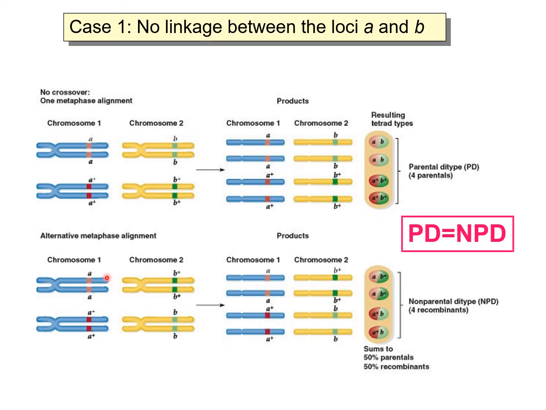Here it will be small a with B plus, small a with B plus, A plus with small b, A plus with small b. So these are four. If you look at the genotypes of these haploids, they are totally different from the parental genotype, and therefore it is called the non-parental ditype. That is, the four recombinants are there, out of 50% parental and 50% recombinants.